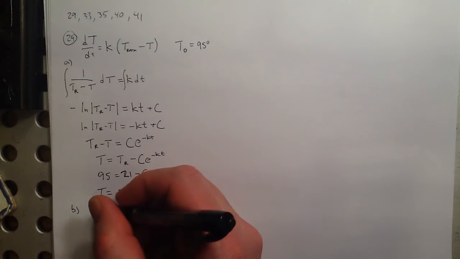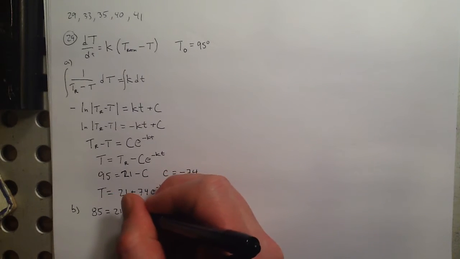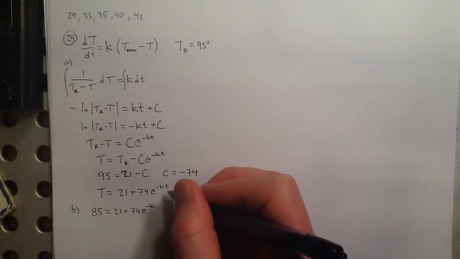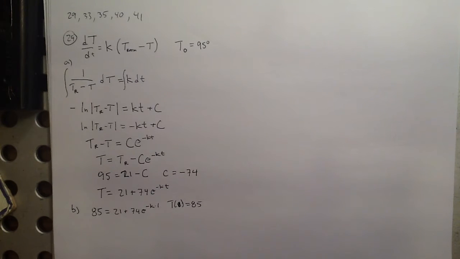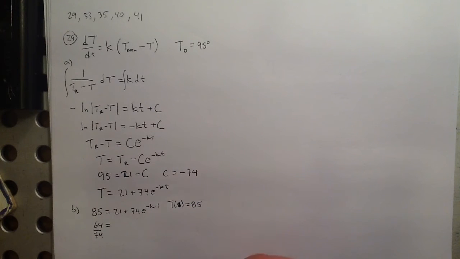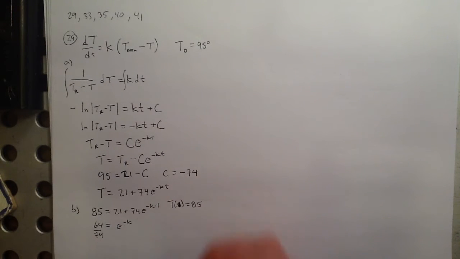So plugging those values in, 85 is equal to 21 plus 74 e to the minus k times 1. And then I can do some algebra here. If I subtract that over here, that gives me 64, and then divide by 74, that is equal to e to the minus k.